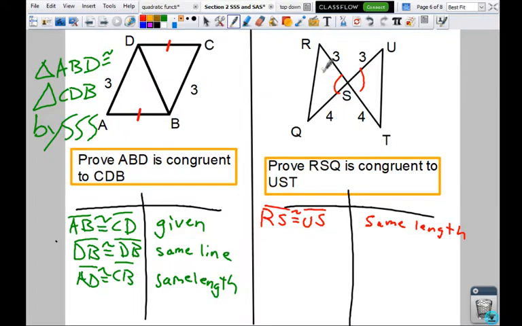We have to list our 3 points. R, S, Q. So angle RSQ is congruent to angle UST. We have to use 3 letters for this angle because there are a bunch of pieces to S. So I have to use RSQ and UST, and my reason is because they are vertical.